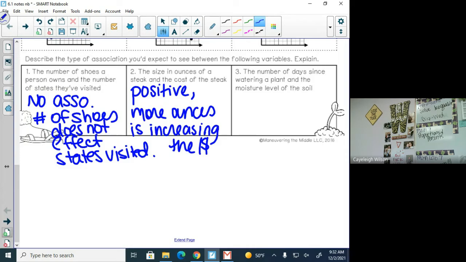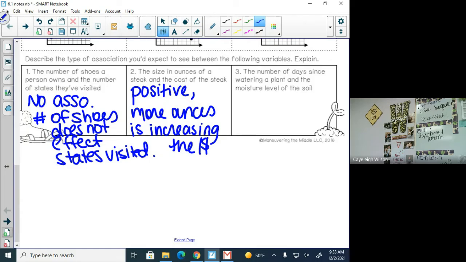All right, and then the third one, the number of days since watering the plants and the moisture level of the soil. We'll all think of that one for a second. Anybody have any ideas on that one?